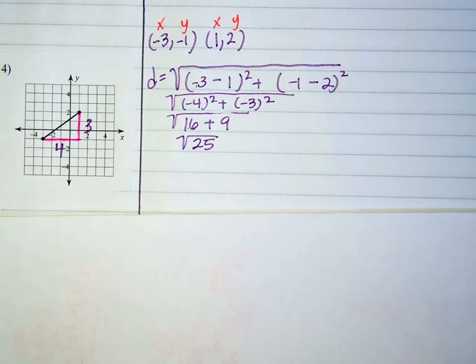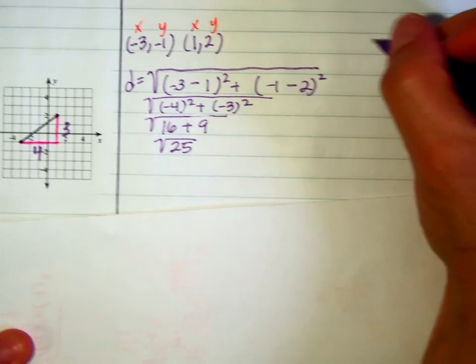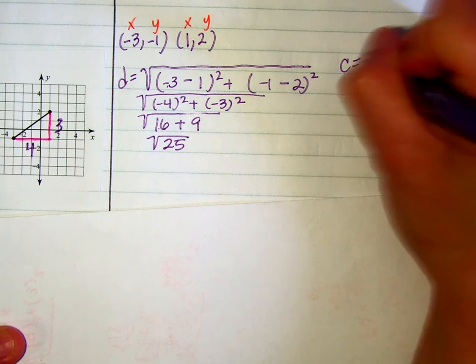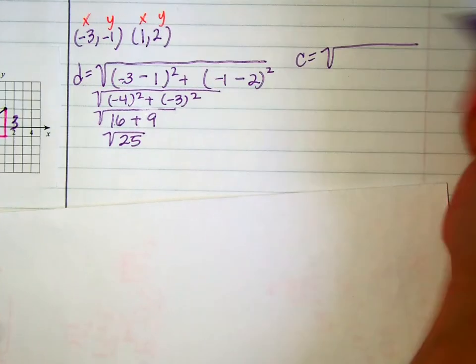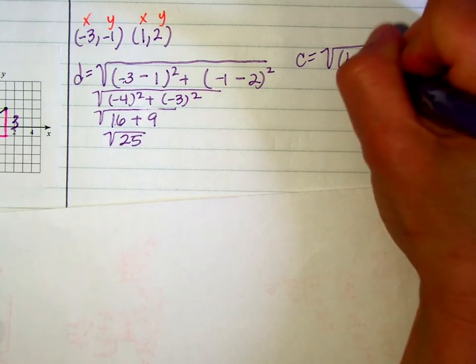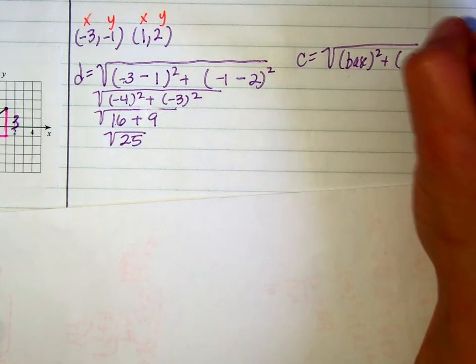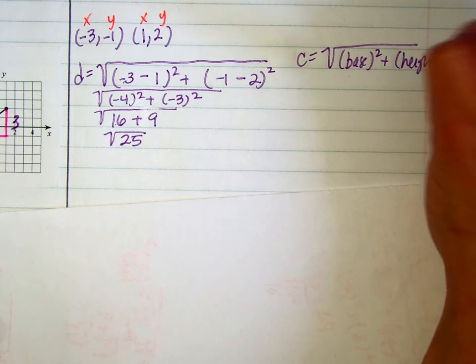You see that? For Pythagorean theorem, we're going to use c is equal to the square root of the base to the second power plus the height to the second power.